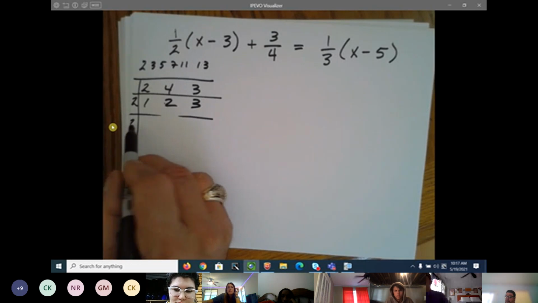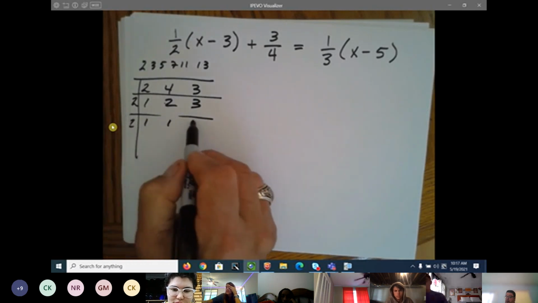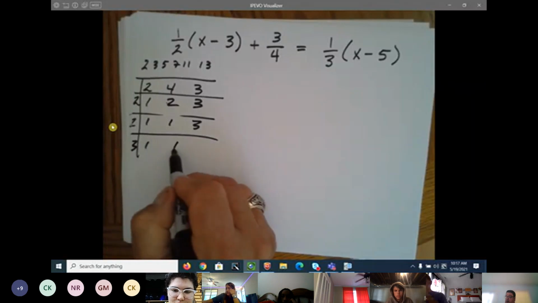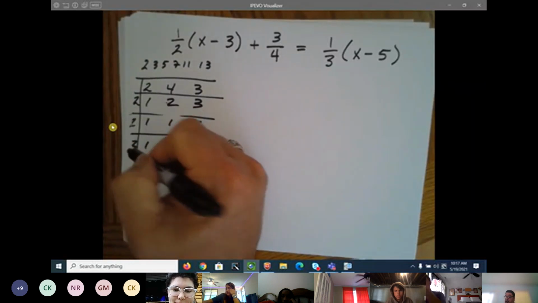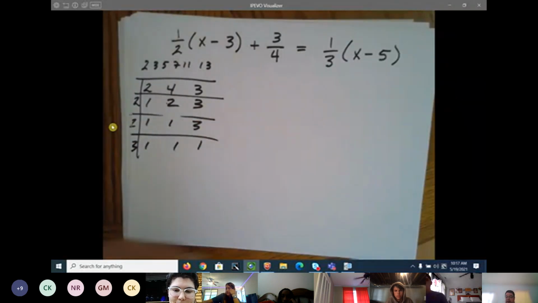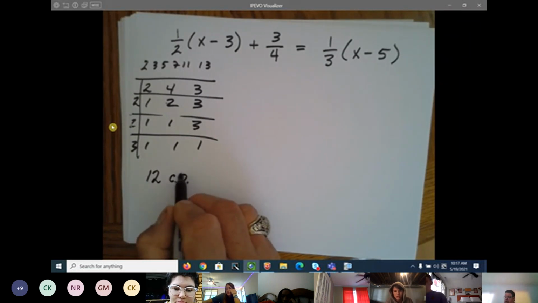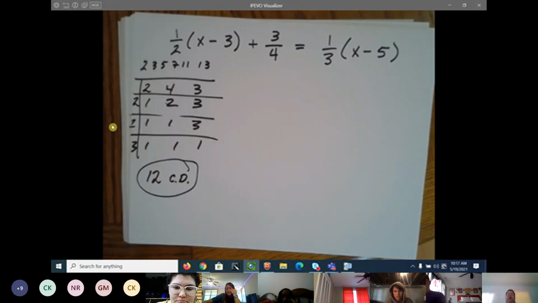I'm going to divide by 2, a 1, a 1, a 3. I'm going to divide by 3, a 1, 1, and 1. So 12 is my common denominator. And I bet you $1 there's 2 or 3 people in the classroom that have no idea what I just did, because you were programmed to do it with a calculator.